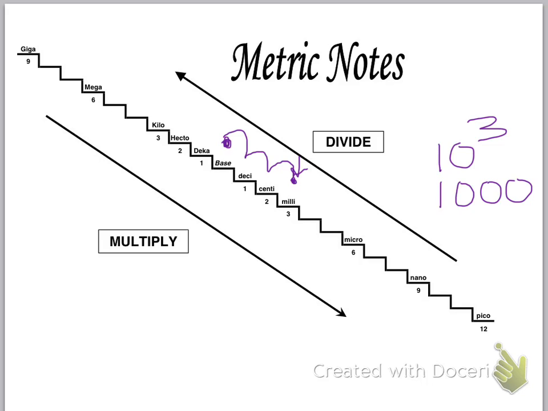So I know I have 1,000. I'm going down the stair step from my base unit down to milli, so I'm going to multiply. That's the general idea of how you use the metric notes.